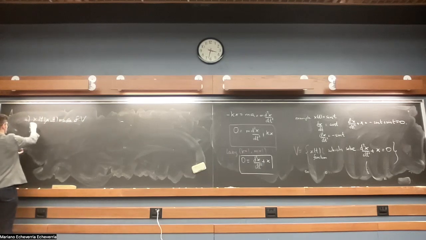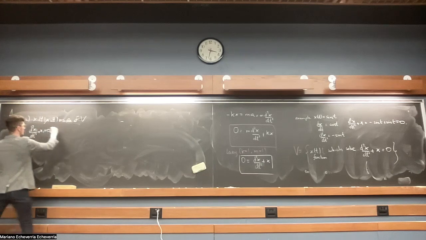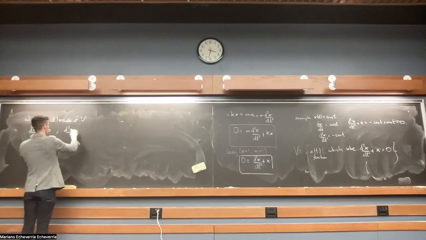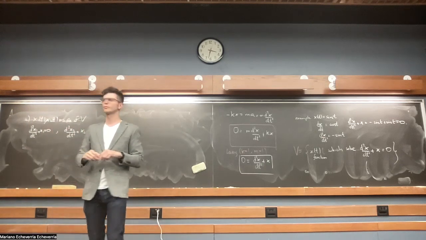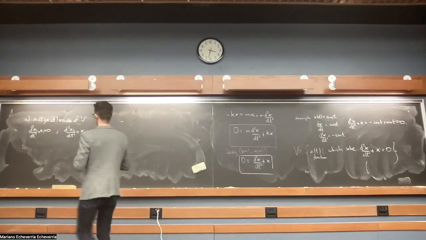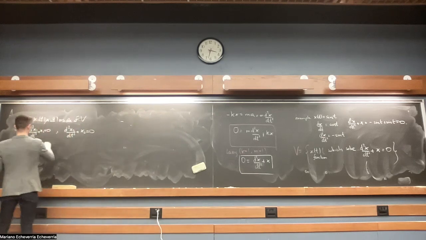So that means that the second derivative of x1 plus x1 gives you 0, and the second derivative of x2 plus x2 equals 0. That's the condition for each of these to be inside. And then when you do the sum, what happens?